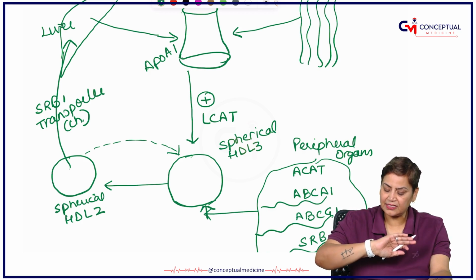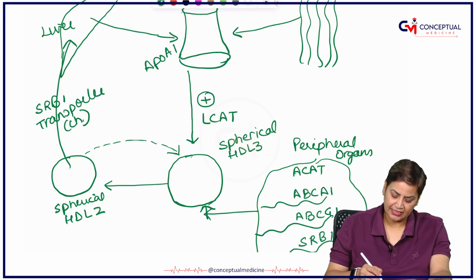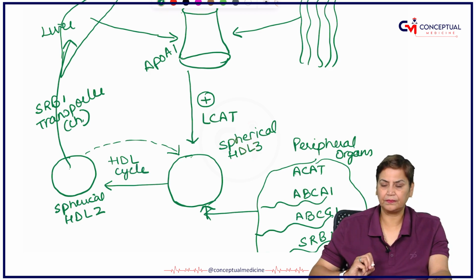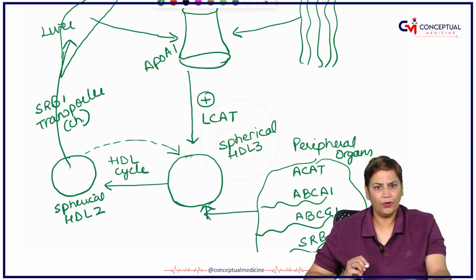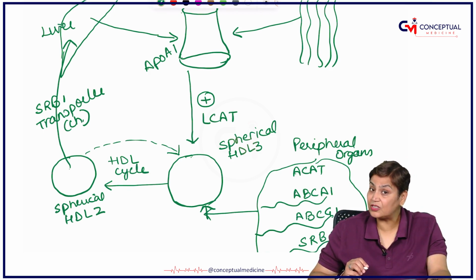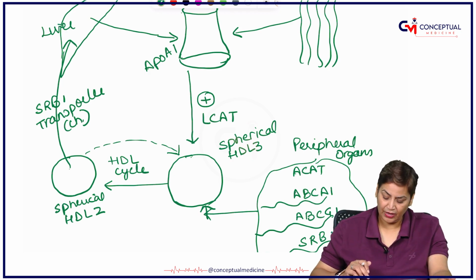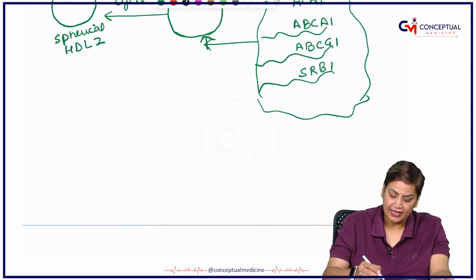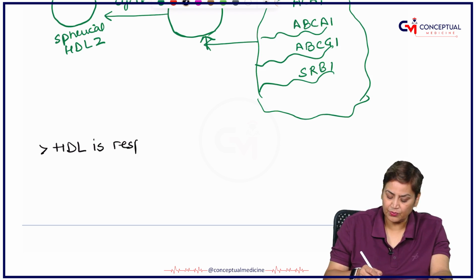So like this the chain keeps on going, and this is your HDL cycle. Now why do we call this reverse cholesterol transport? Because here everything is going on in a reverse manner. That is why we always say that HDL is responsible for reverse cholesterol transport.